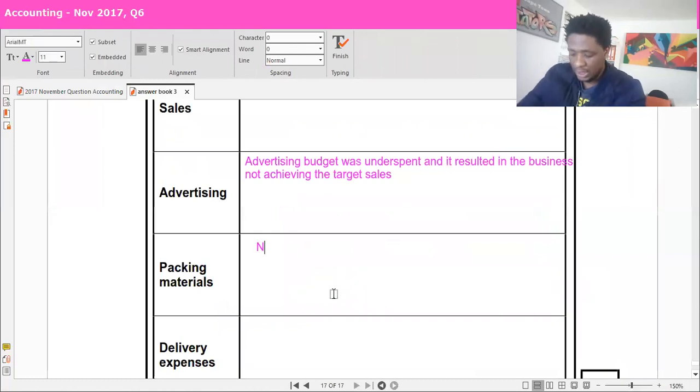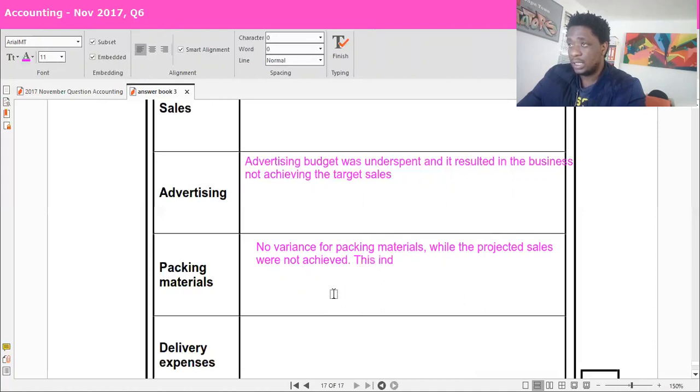So we'll say no variance for packing materials while the projected sales were not achieved.